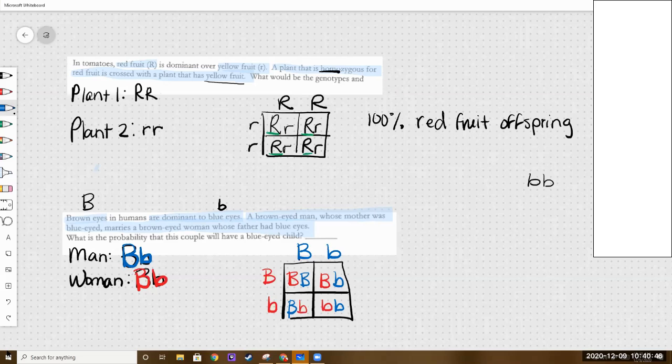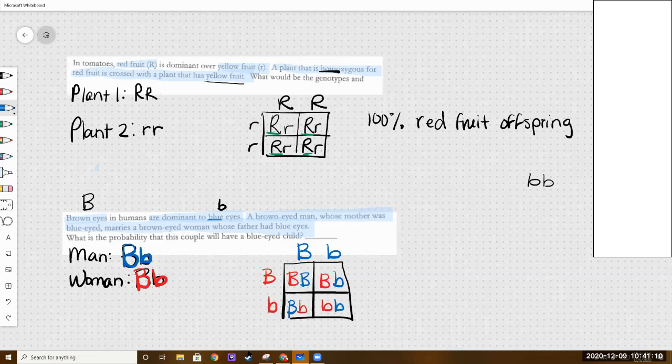So now looking at the boxes, how many would be, or what percentage would we have blue-eyed? Blue-eyed, not brown-eyed, but blue-eyed. Yes, Stephen. Yes, Alexa. So look, remember what we said.